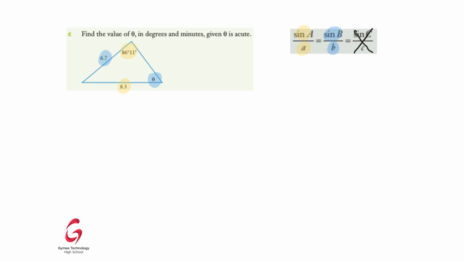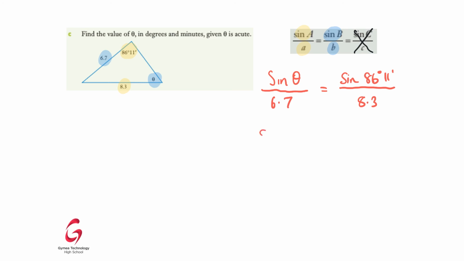Just like before, I'm writing the thing I want to find first and I'm doing it on top, and that is sine theta over its corresponding side length, 6.7. Just like before, sine 86 degrees, 11 minutes on top over side length 8.3.